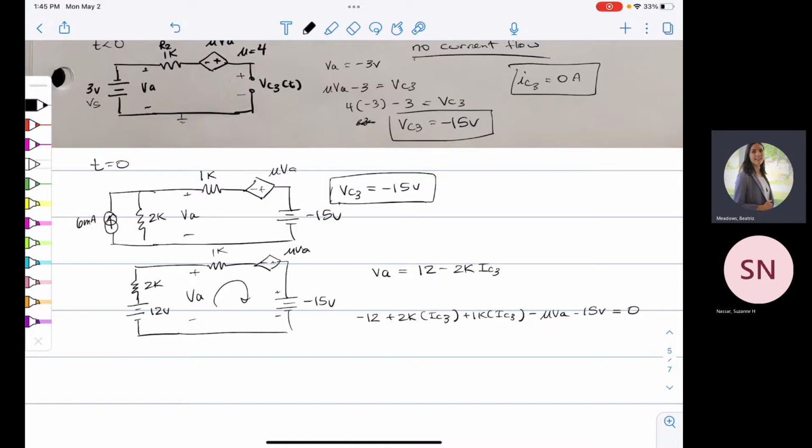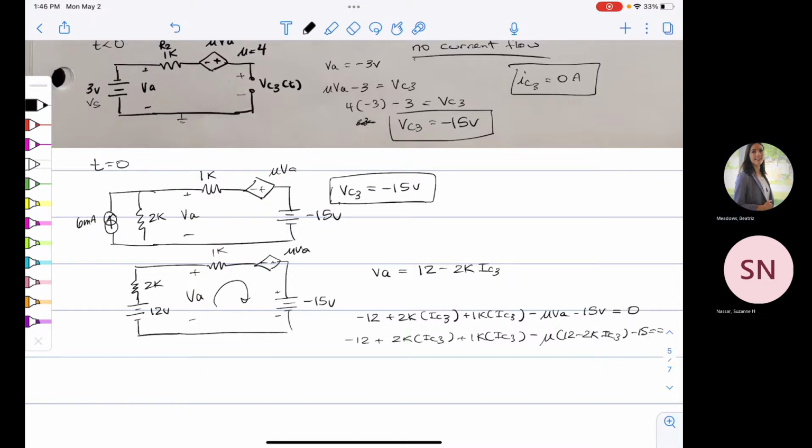And then our VA is going to be negative 12 plus 2K IC3, so minus mu times 12 minus 2K IC3 minus 15 equals 0.